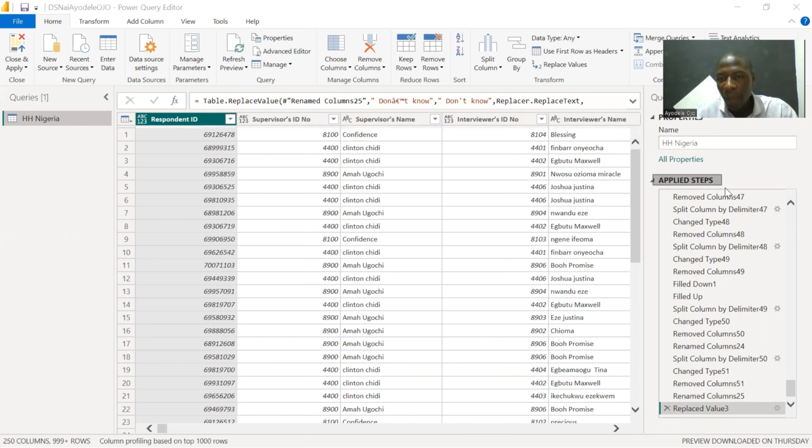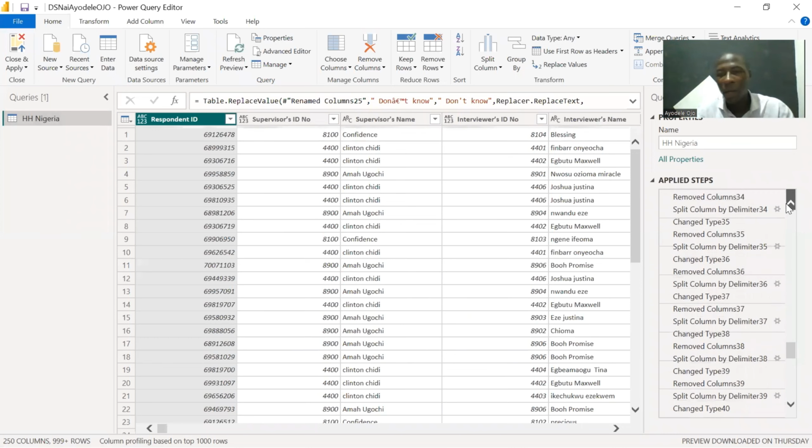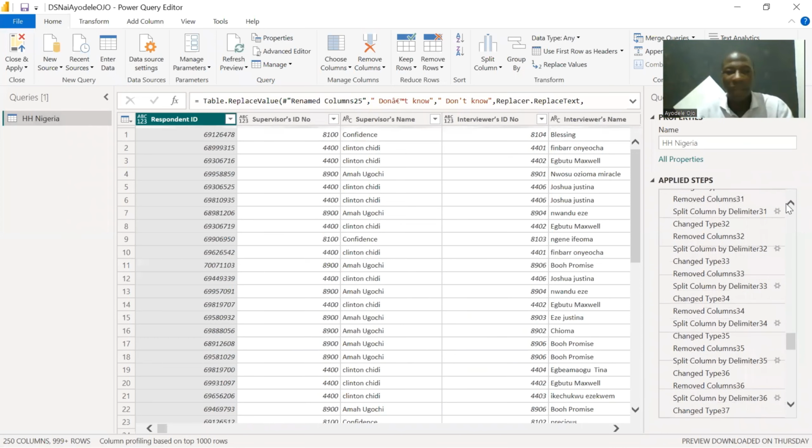So we have applied steps here. These are all of the steps I've done to prepare this data. I investigated the data. It's basically a very large data set.